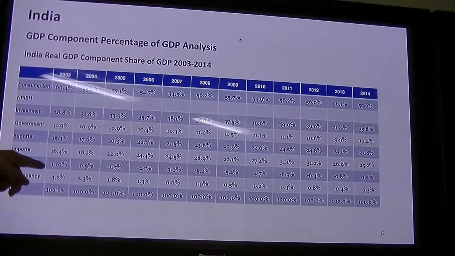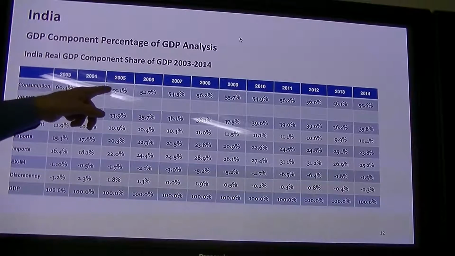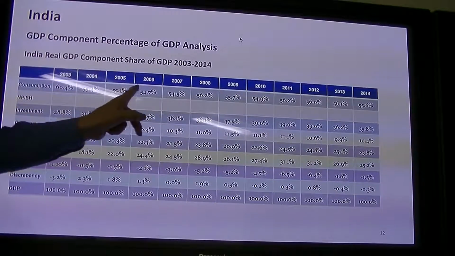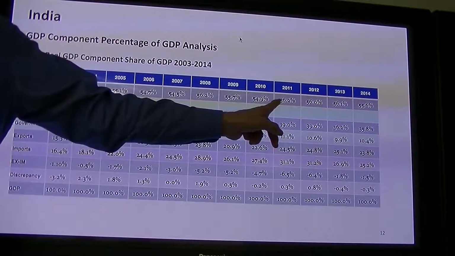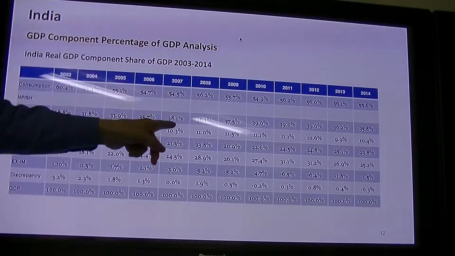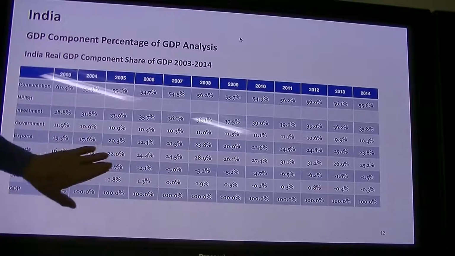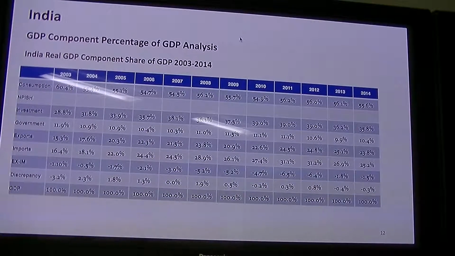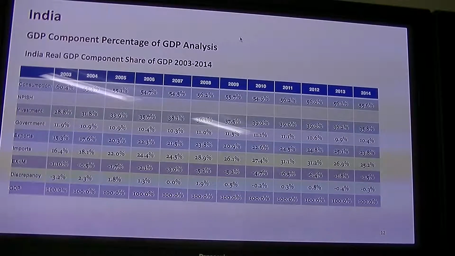But what's interesting is that if it was consumption driven, then you would see that this percentage would be going up, and it doesn't. It's investment. So you get a sense that it's running this trade deficit as part of taking in investment from abroad. So that's a fairly positive sign.